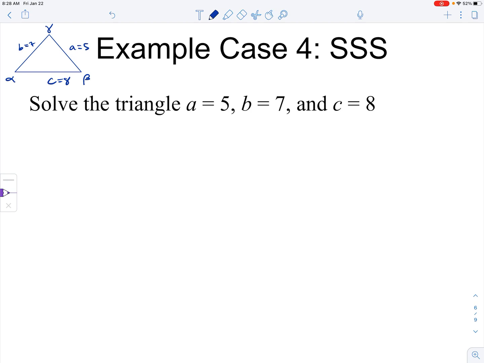My suggestion is if you use law of cosines, so if you're dealing with case 3 or case 4, stick with law of cosines. You will be able to find the correct triangle every time, but every year someone prefers to do it the other way and go against my recommendation of switching to law of sines.